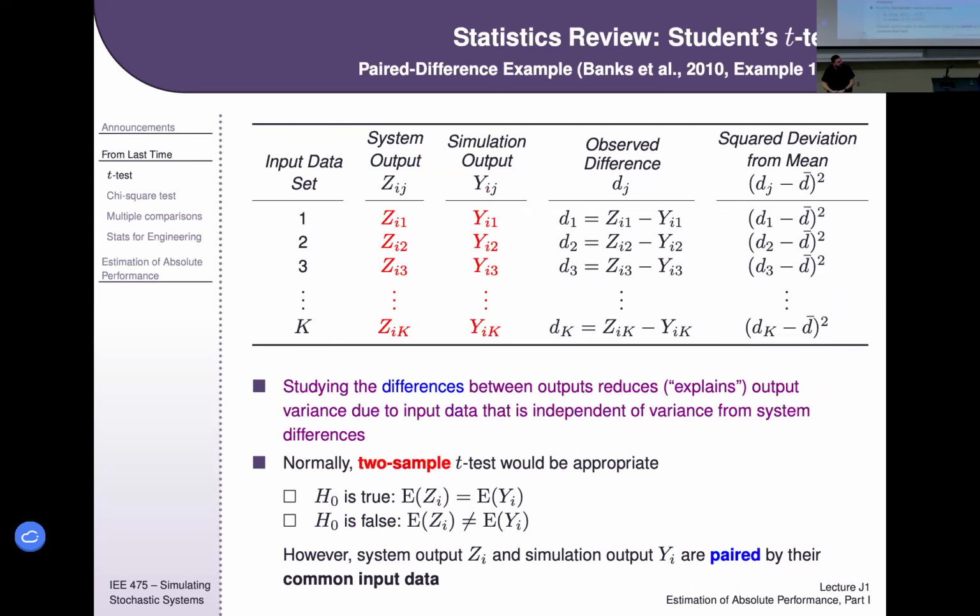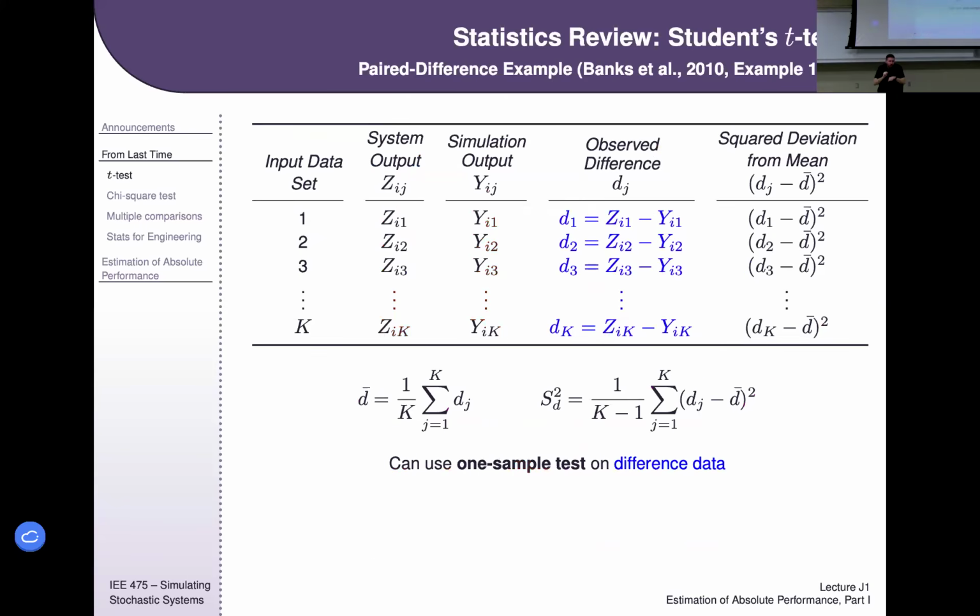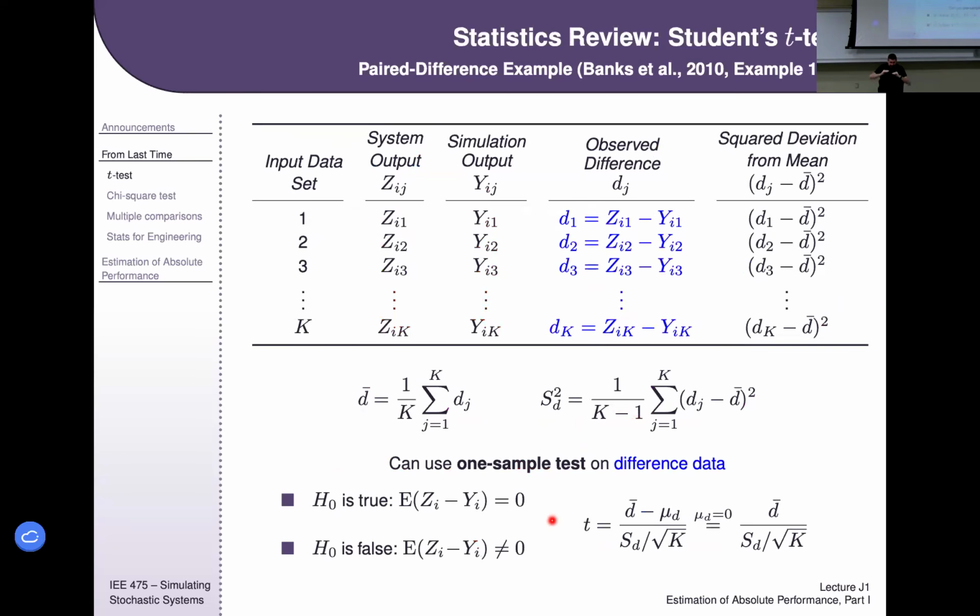So, this is the kind of problem you're going to do in that homework. You calculate differences. You end up calculating an average difference and a standard deviation or a variance for that difference. That will allow you to calculate what you need to do a one sample t-test. And in this particular problem, the focus is less on whether this t-test is going to detect a difference or not.